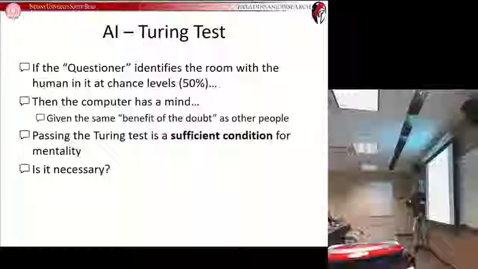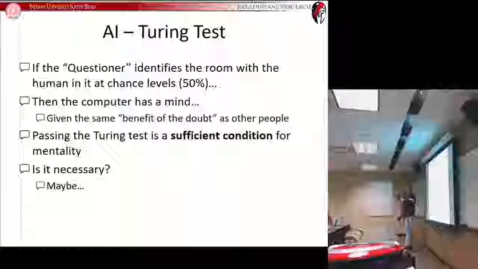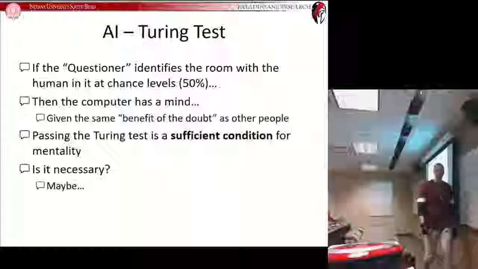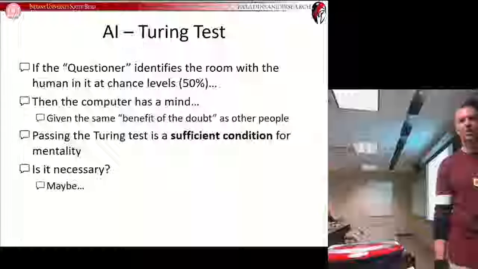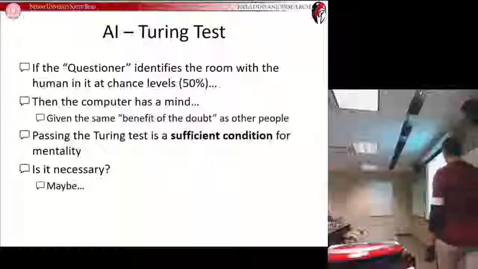And this is where the Alexa type of argument comes in, because it might be necessary, but then again, we are getting to the point now where you can fail the Turing test for reasons that were not originally thought would occur.